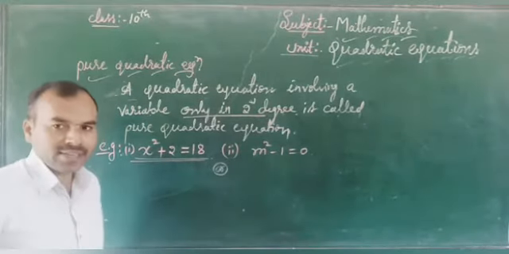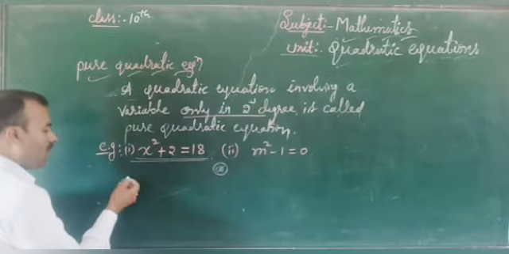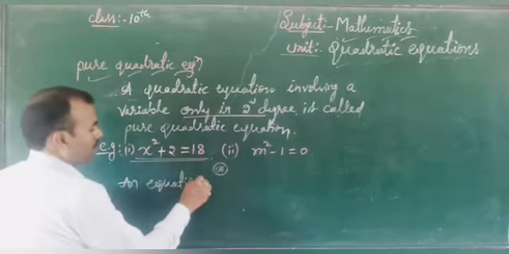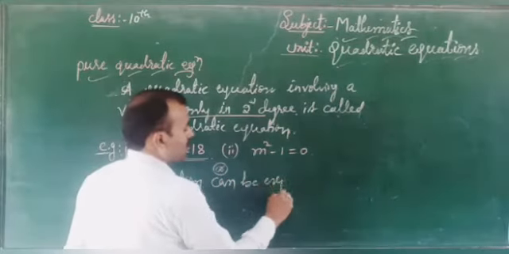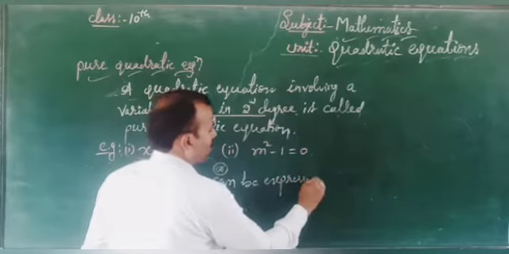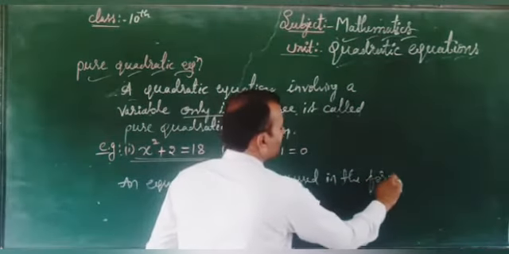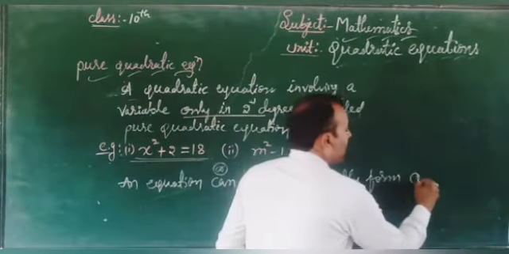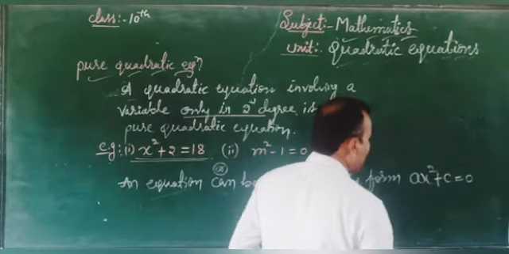This can be expressed in another form. An equation can be expressed in the form ax square plus c equals 0.